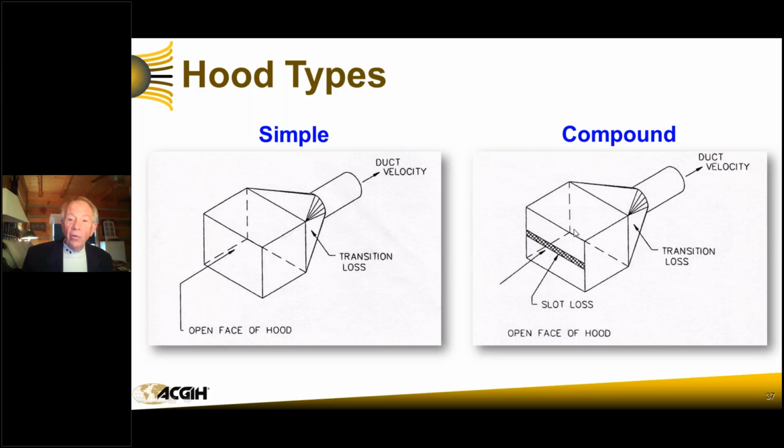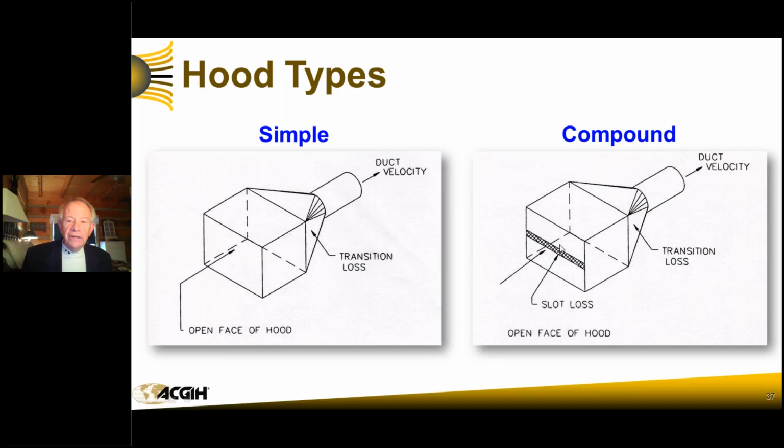It then has an area where the velocity slows down and allows static pressure to accumulate inside here. This is called a plenum. A plenum is a box that holds equal pressure. And then we have a transition where the air comes up to a full velocity in the ductwork.